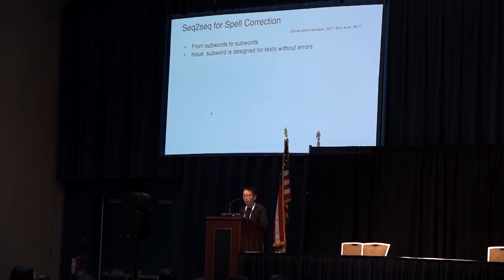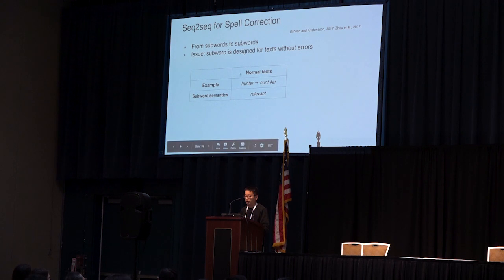The problem with this method is that the subword is originally designed for normal text without errors. But here we are actually applying it for the corpus with a lot of spelling errors, and the result is not going to be very good.